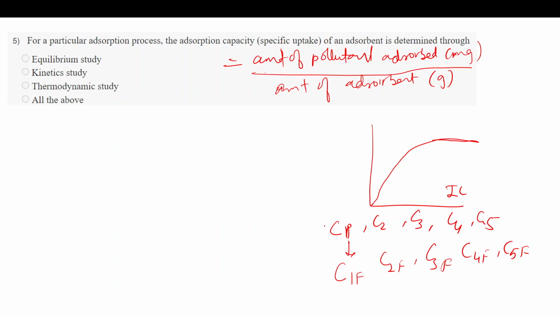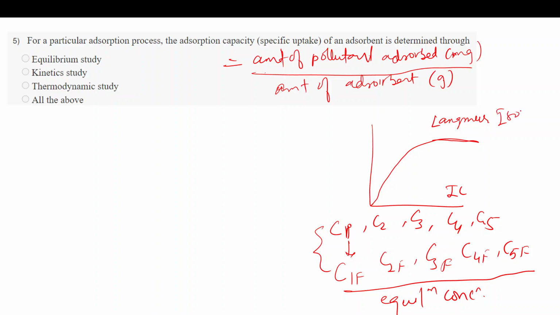So for this experiment, you allow infinite time, or not infinite time, the time to achieve equilibrium. Okay, so these are nothing but equilibrium concentrations, from which you will get a similar plot. And after this is saturation. Okay, so here you fit the Langmuir isotherm, which will give you the uptake capacity.